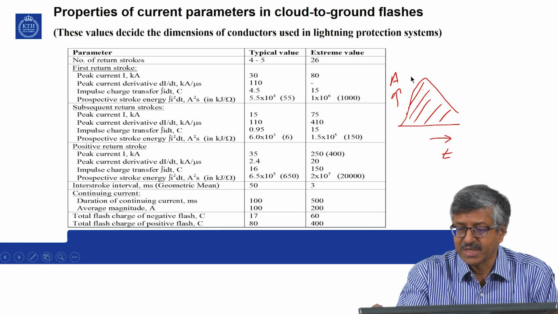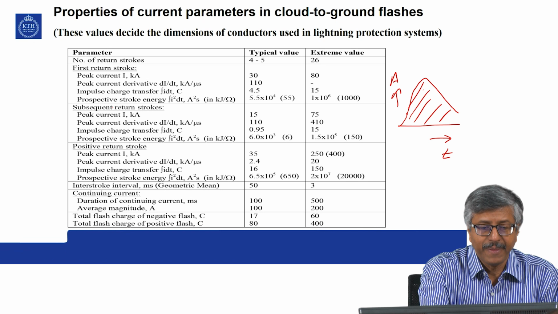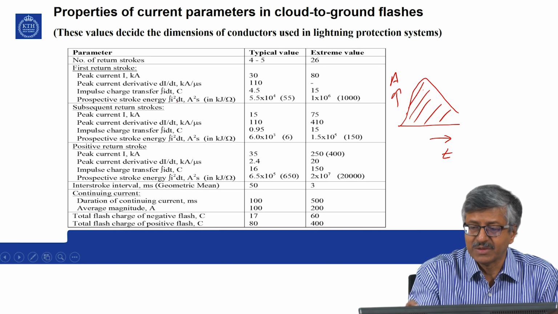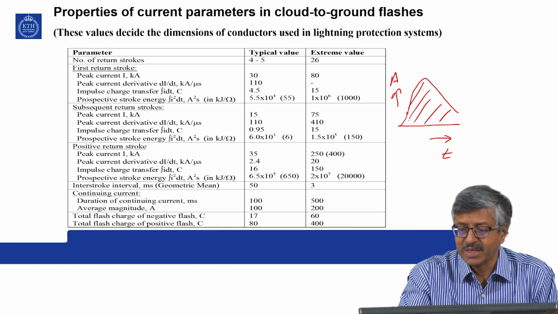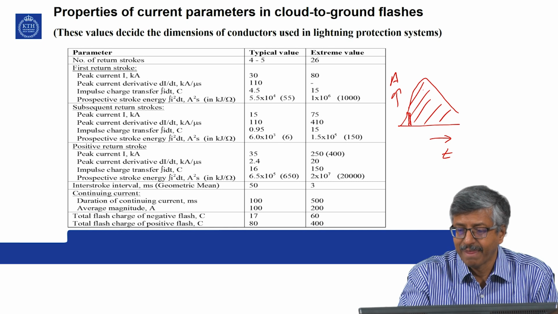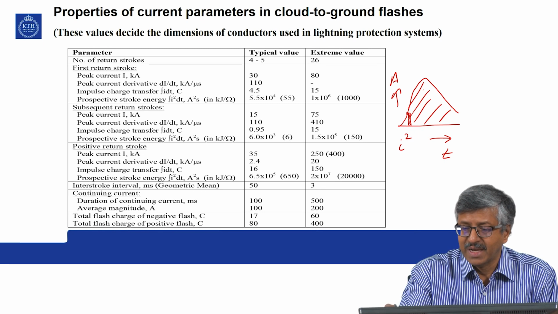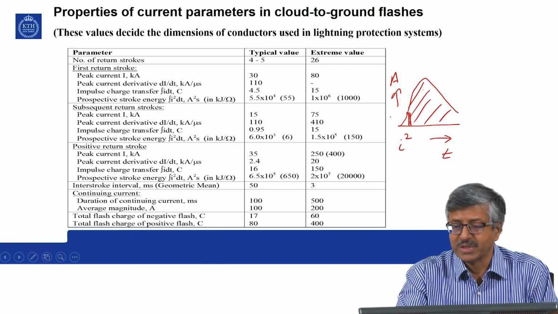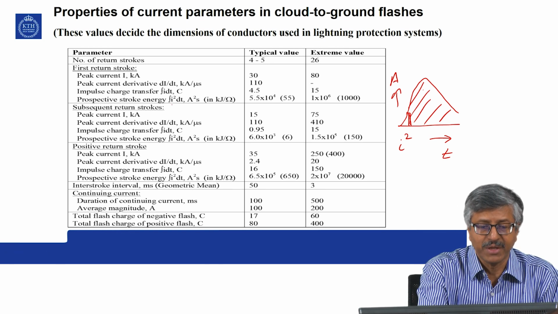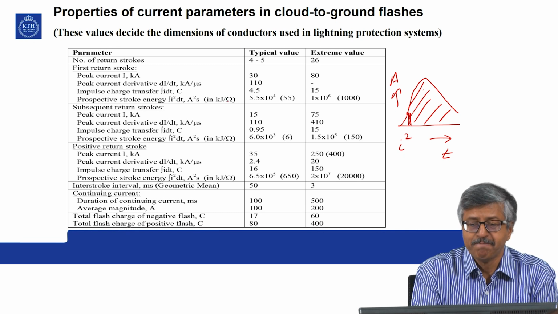So, impulse charge and prospective stroke energy. If you take I squared in each of these areas, current squared, times delta t, and then sum up all those things, you get the prospective stroke energy.